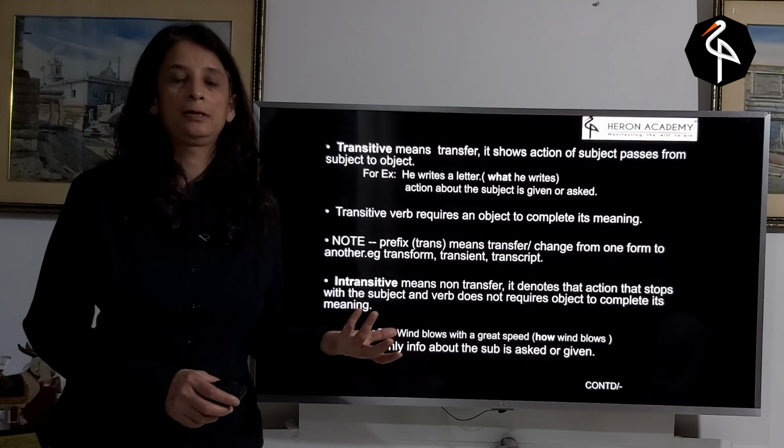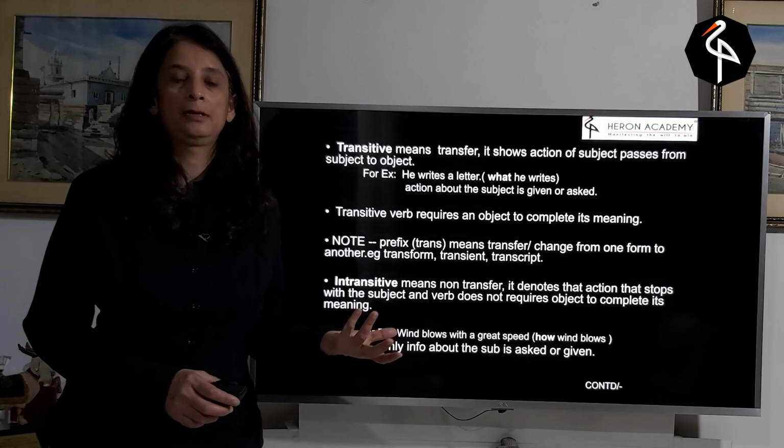So if it is an intransitive verb, you cannot change this particular sentence into a passive statement. You have to remember this, you have to understand this, that every sentence of active voice cannot be changed into passive. You have to keep in mind whether the verb is transitive or intransitive. Transitive means transfer.